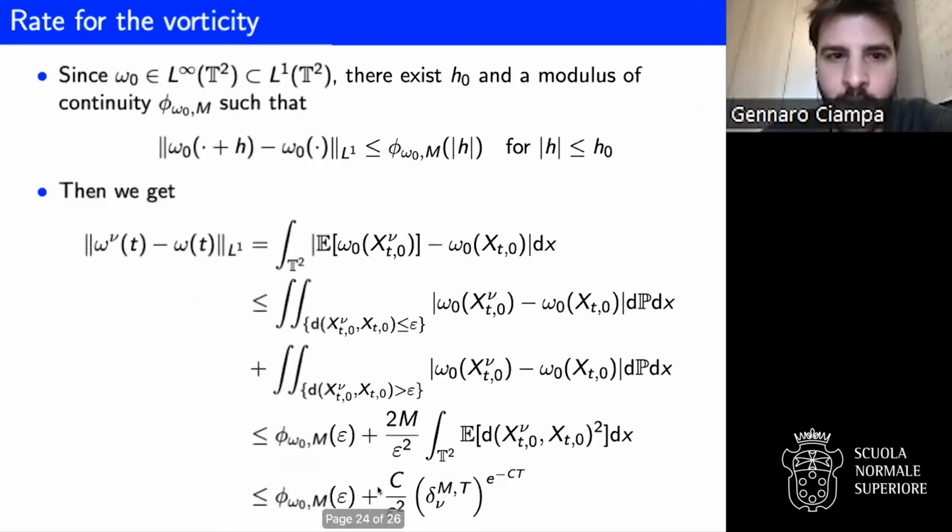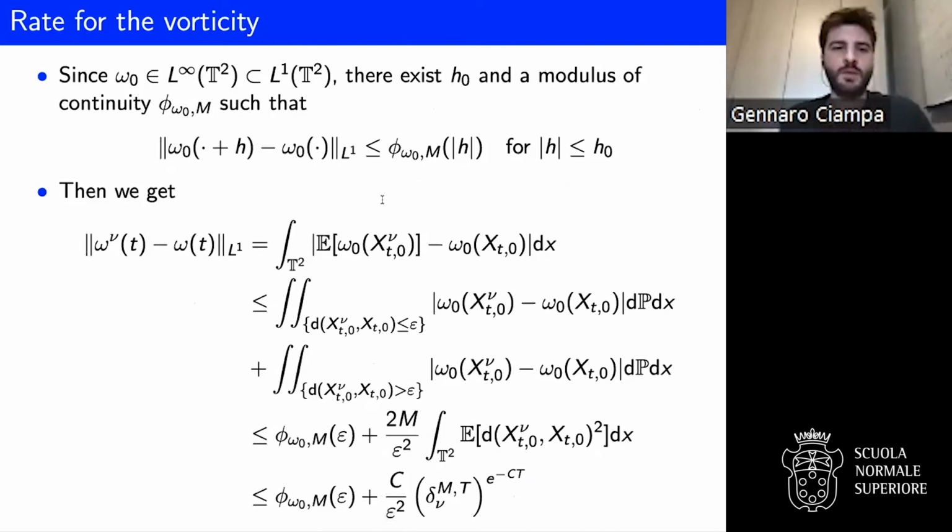So what is left to do is, like before, you split. You compute the difference between the Navier-Stokes solution and the Eulerian one. You split the integral where the flows are close and where they are far from each other. For this one, you use the stability of the flow, while for this first one, you use the modulus of continuity of the translations in L1 of omega 0.